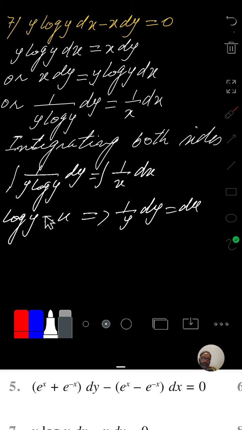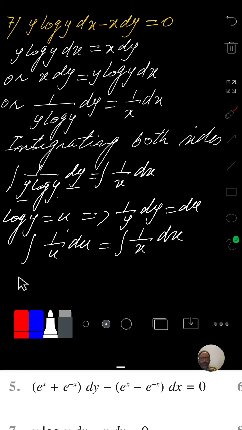So by this substitution, 1 upon y dy becomes du, and log y is substituted as u. So simply we get integral 1 upon u du, and on the right hand side we have integral 1 over x dx.